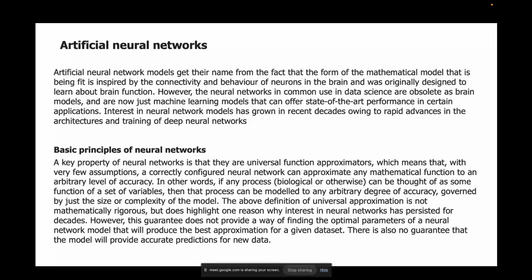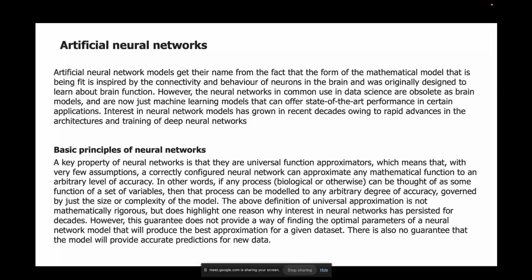Okay, so finally we are going to talk a little bit about artificial neural networks. These are a little bit more complicated models than basic traditional machine learning models like regression or SVM or random forest, etc. The name comes from the fact that the form of the mathematical model is inspired by the connectivity and behavior of the neurons in the brain, and was originally designed to learn the function of the brain.